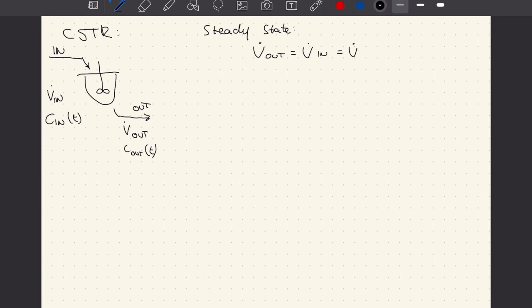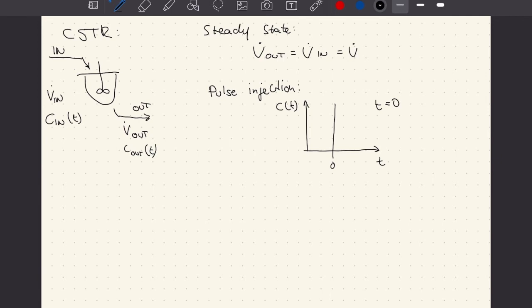And also, our experiments will be a pulse injection. So what we're going to do is we're going to inject the tracer, in this case potassium chloride, at a specific time point, which we call t equals 0.